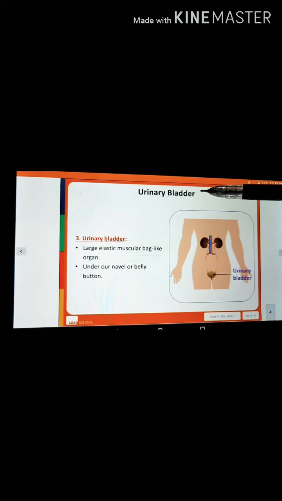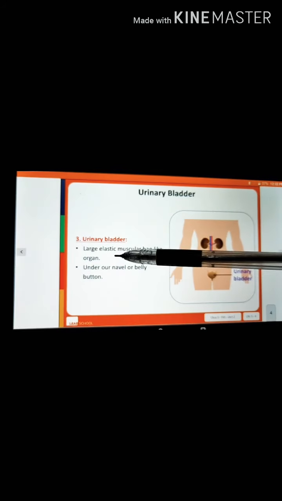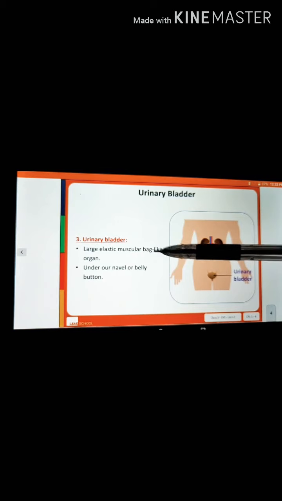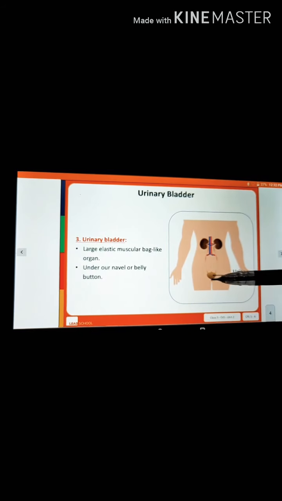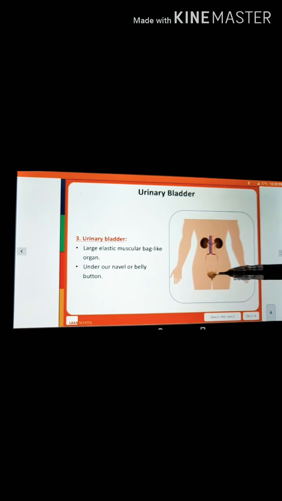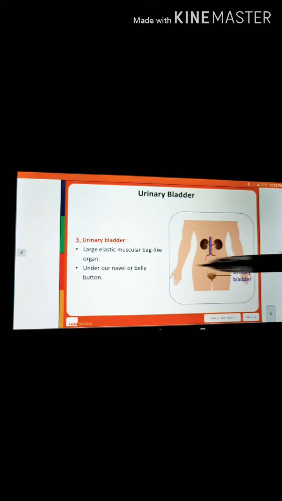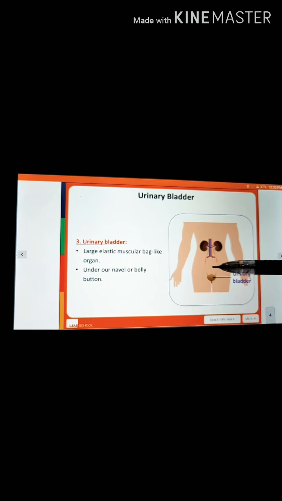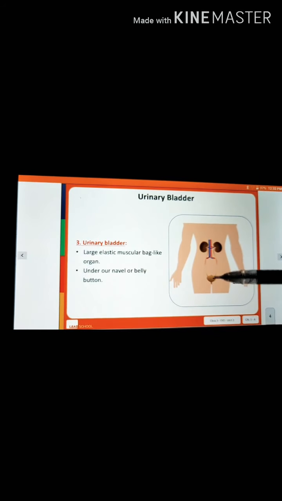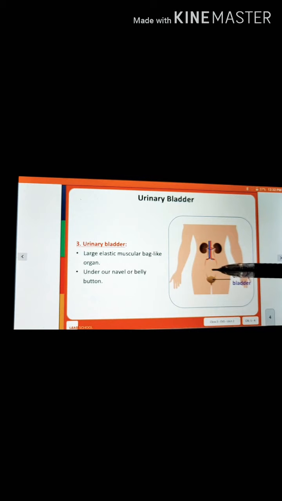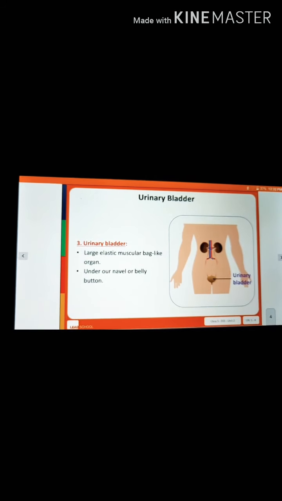Next is the urinary bladder, a large elastic muscular bag-like organ, and it is under our navel or belly button. You all know, in our body, here is the navel, nabhi we say in Hindi. So the urinary bladder is just under the navel or the belly button.